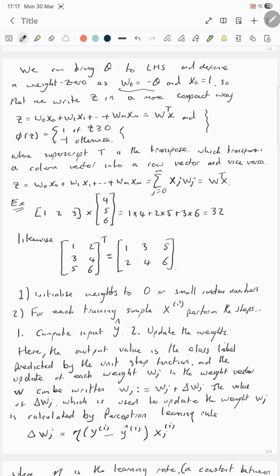So the superscript T is the transpose, which transforms a column vector into a row vector and vice versa, our z becomes this here. And a quick example, multiplying these, and hence this is the transpose of this. You should know anyway, it's linear algebra.